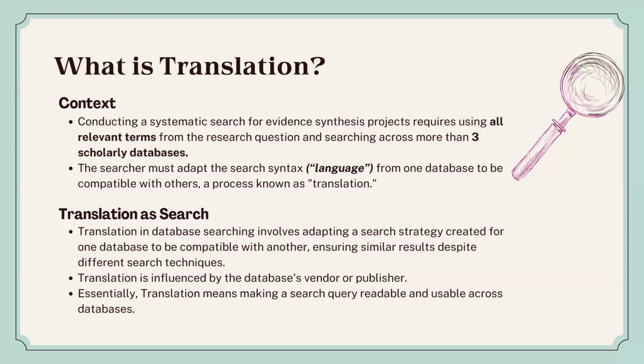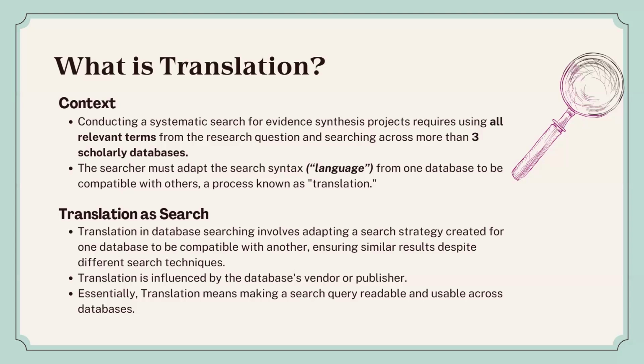So how do you use one search that you built, let's say in PubMed, and then translate that to other databases to make sure you're reducing biases during the translation and you're making as similar of a search between databases as possible, right? And that's really important for systematic reviews and evidence syntheses because you're aiming at reproducibility, right?